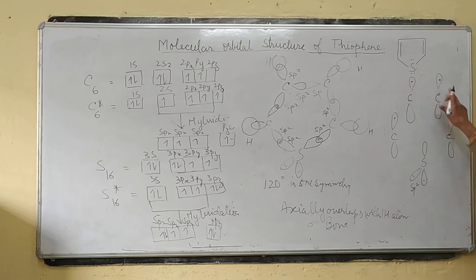So these 4 electrons from these 4 carbon atoms and 2 electrons from the sulfur pz orbital overlap sidewise.